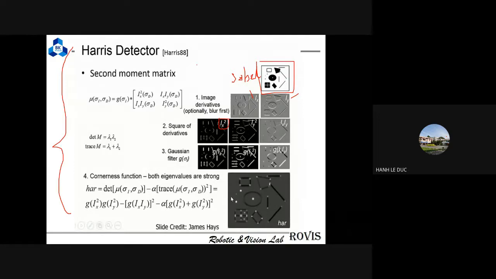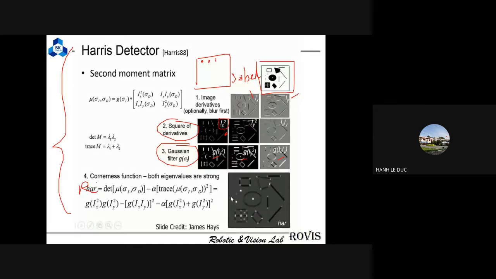After we do the Sobel filter, we have the matrix, and then just square the value here, square the value here, right? And then you have this one. And then you apply the Gaussian filter on this matrix. And then after this step, you have this one and this one, right? And then you calculate the R here.